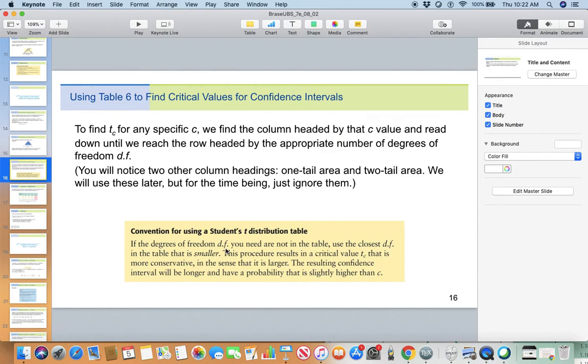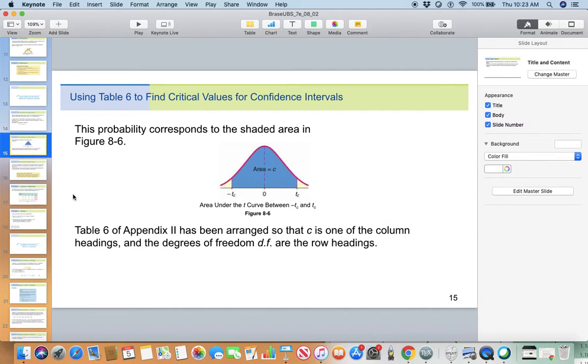If the degrees of freedom DF you need are not in the table, use the closest DF in the table that is smaller. This procedure results in a critical value Tc that is more conservative in the sense that it is larger. The resulting confidence interval will be longer and will have a probability that is slightly higher. A conservative estimate means you need more area.